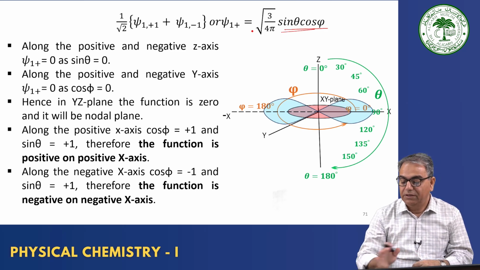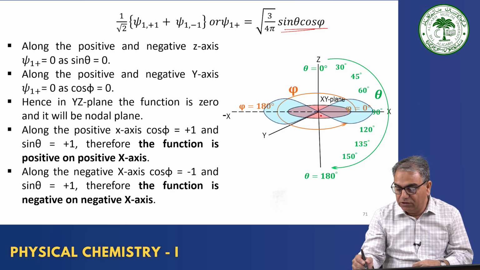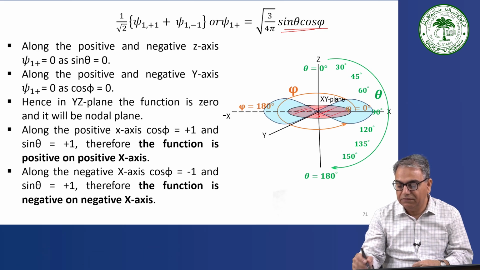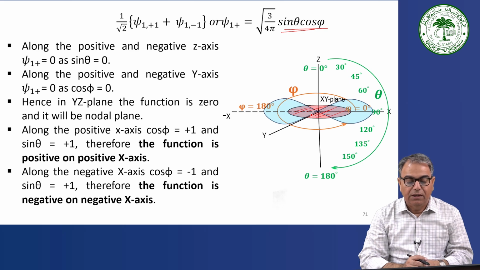Now you see, it's the same diagram. The XZ plane is the plane of the board, and this ellipse is the XY plane. Along the positive and negative Z axis, what will happen?